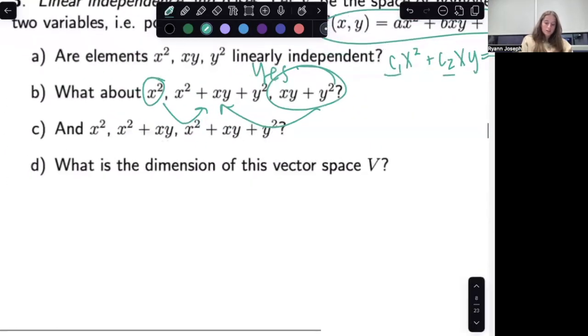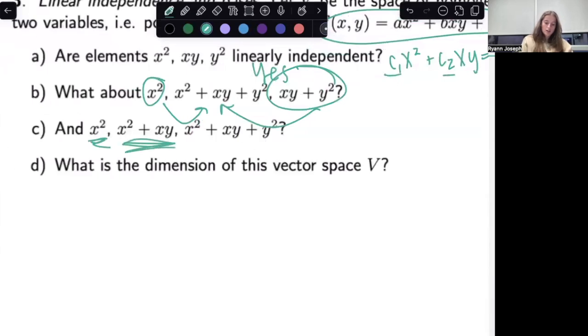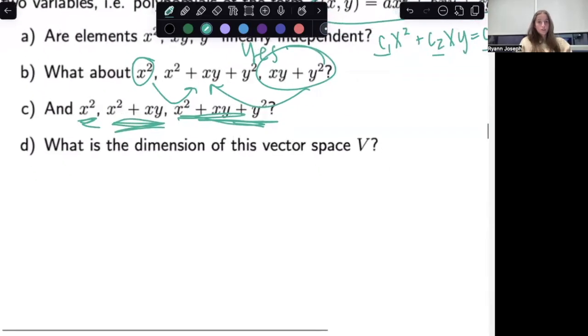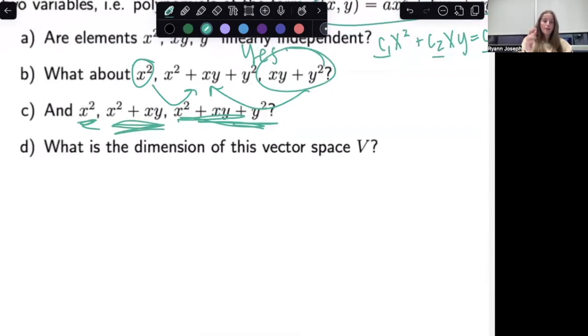This one, however, x squared plus xy, x squared plus y squared. It is linearly independent, but we can prove it by showing, for each of those things, first thing, second thing, third thing, I've got x squared, xy, and y squared. For x squared, that's just itself.